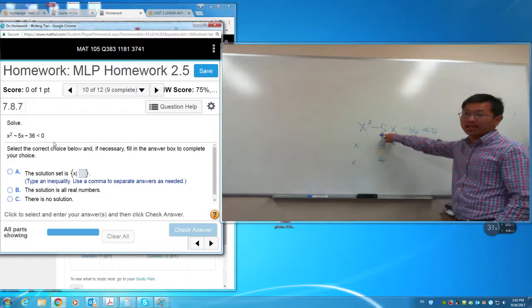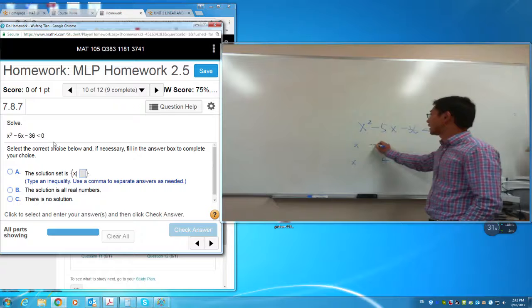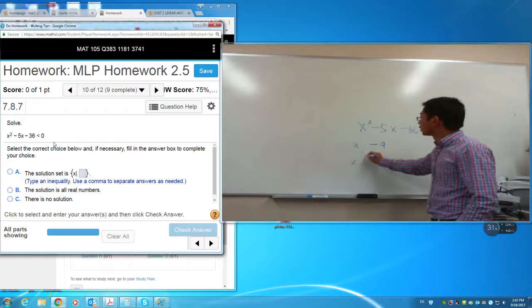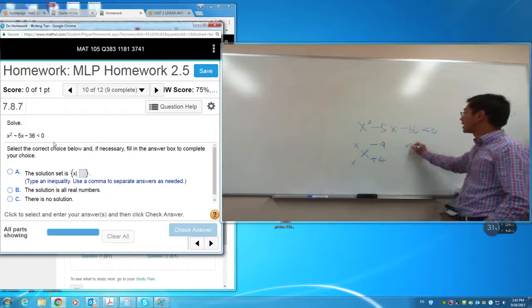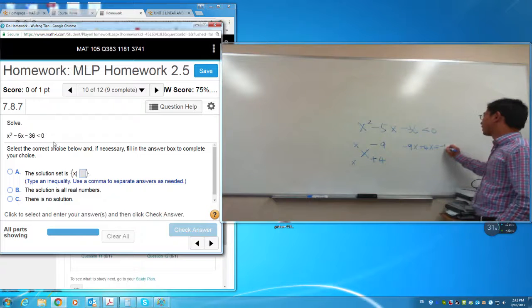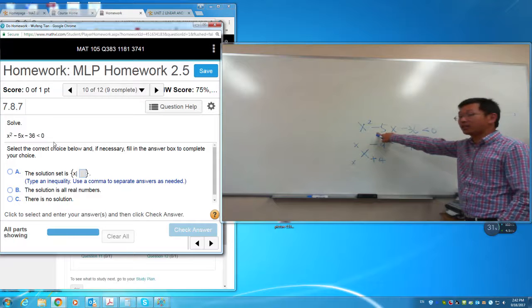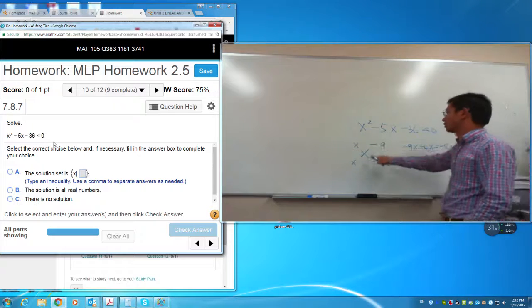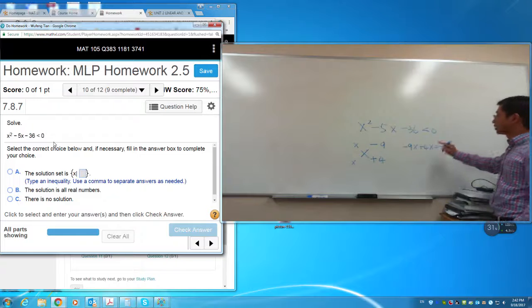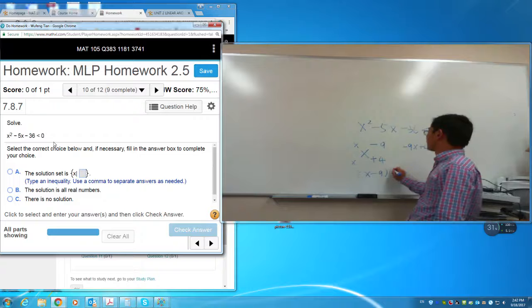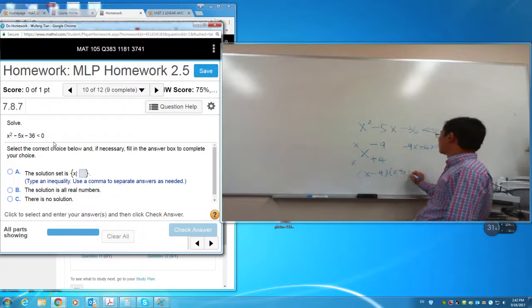Since the middle number is negative, I want to put a negative sign on the bigger number to dominate this summation. So cross multiply is negative 9x plus 4x, then you will have negative 5x. So now my factorization is x minus 9 times x plus 4, which is less than 0.